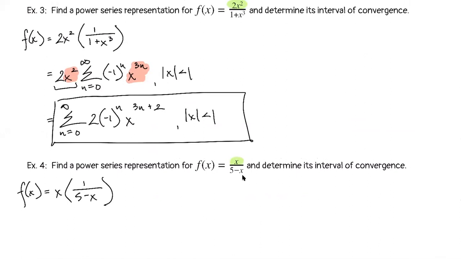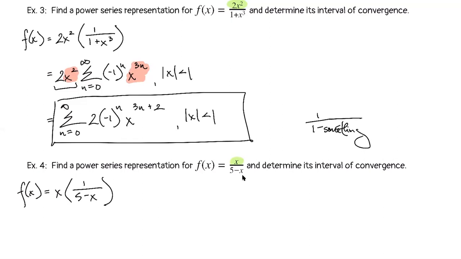Now, in thinking back to our example number 1, we wanted to make it look like 1 over 1 minus something. Right? That's what we were trying to match it with, because that's what we knew how to deal with.